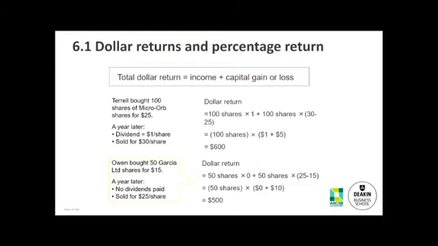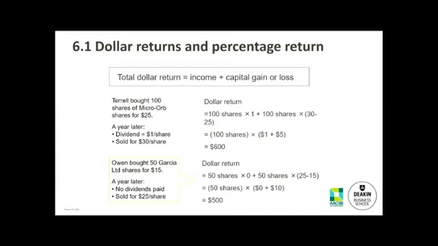$6, right? Total dollar return. $1 dividends and $5 capital gain. Put together, $6. Do you agree? So, how many shares are actually invested at the beginning of the year? 100 shares, right?